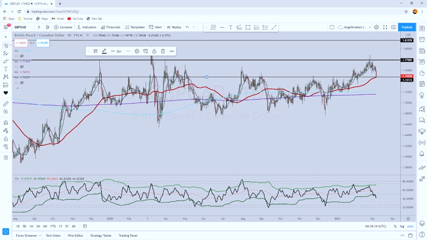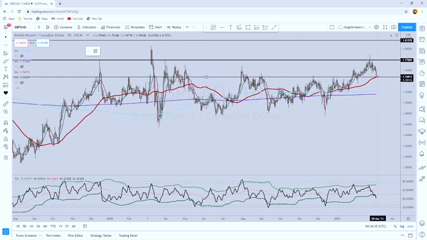So again, I go from the weekly to the daily, marking off areas of significance that are significant to me in the present moment. So I'm going to mark off the next area we think this will go to if it breaks this next area of support.